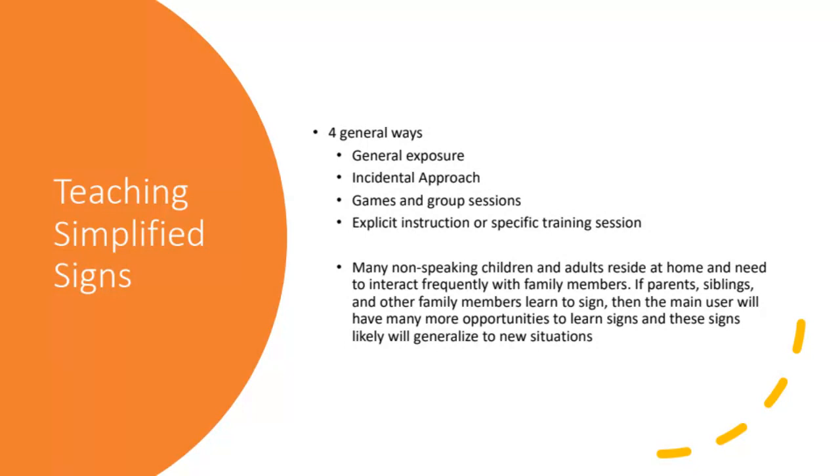You can also do games and group sessions. I could see setting up a bingo board. The illustrations for making these signs are easily reproducible. So you could make it into a game of bingo. You could make the sign and then they could put a marker on their bingo card, or whatever works for the clientele you work with. Some people have had one-on-one teaching sessions. So it's up to you what fits into your workplace.